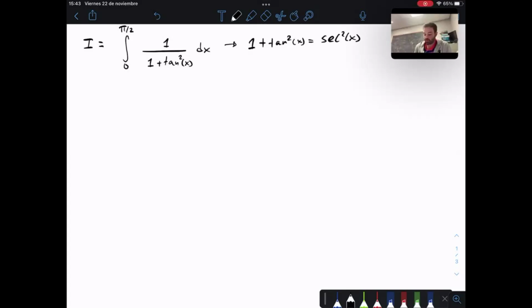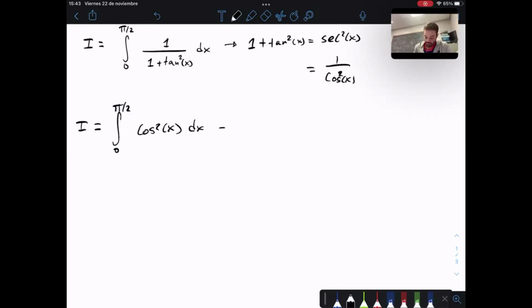And if you remember correctly, secant is 1 over the cosine of x, which means that secant squared is 1 over the square of the cosine, okay? This means then that our integral can be rewritten as the integral from 0 to pi over 2 of cosine squared times dx.